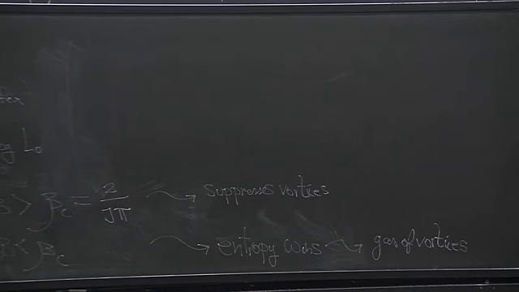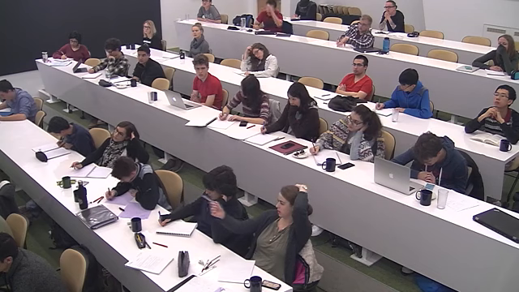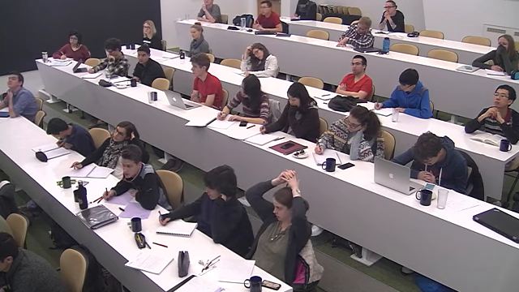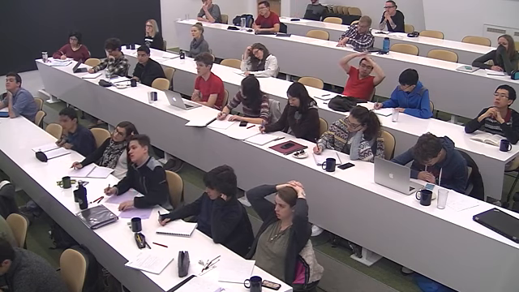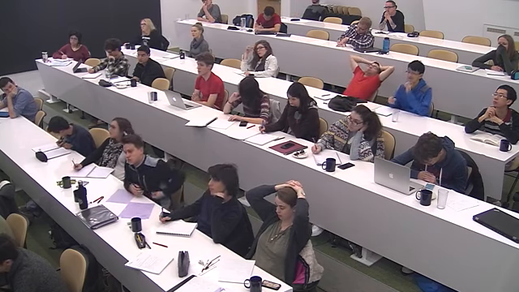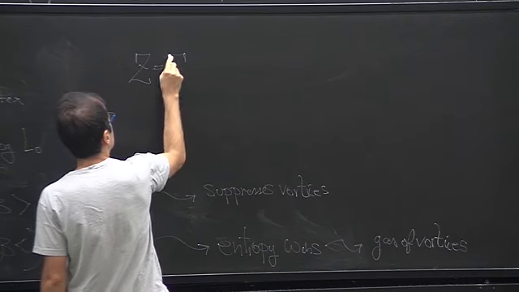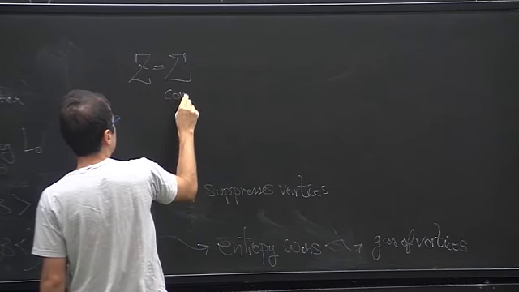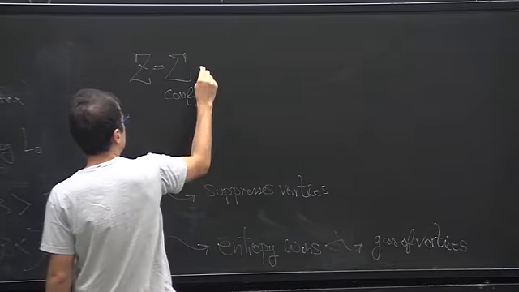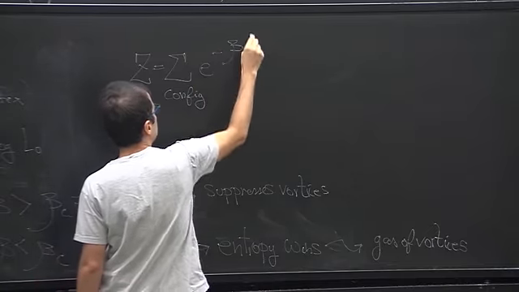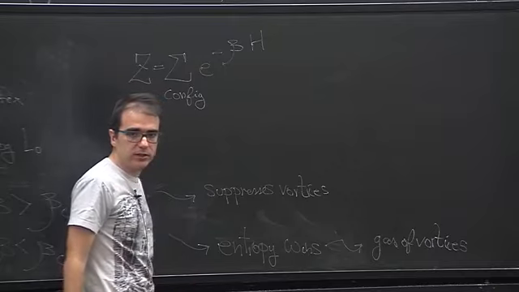Yes? I don't understand the factors of beta. Why isn't there a beta in the energy of the vortex? So, if you remember, Z is the sum over configurations of e to the minus beta times the energy of that configuration.